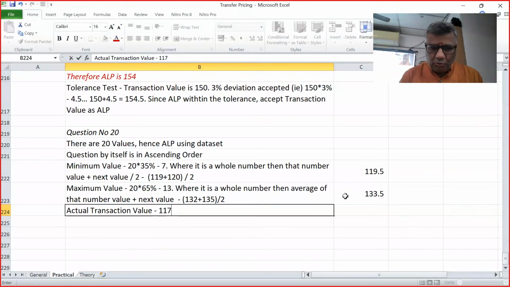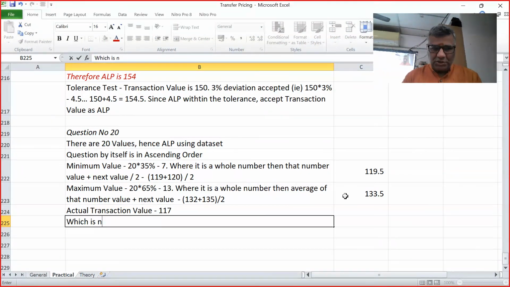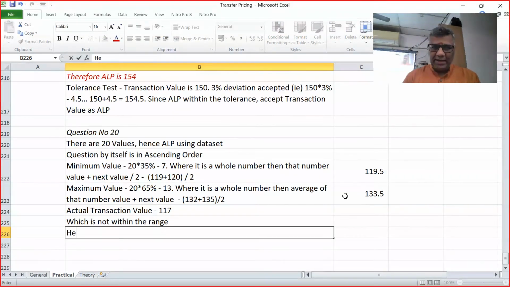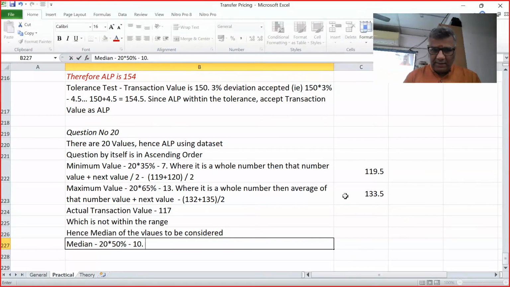is 117, which is not within the range. Hence, the median of the values is to be considered. Median is equal to 20 into 50%, that is 10.